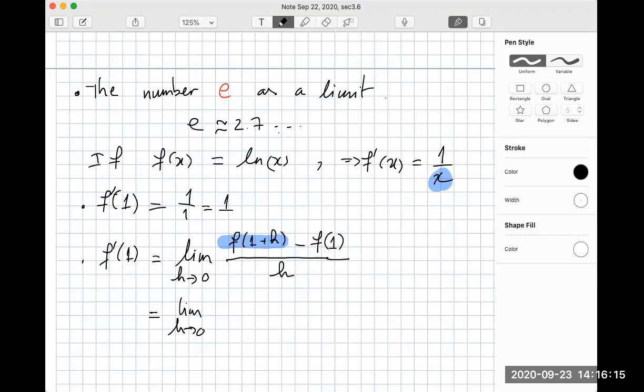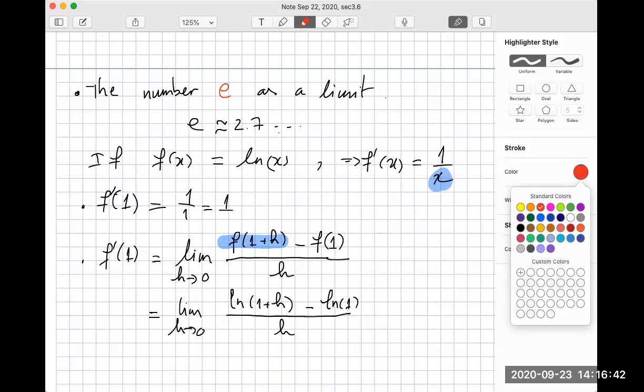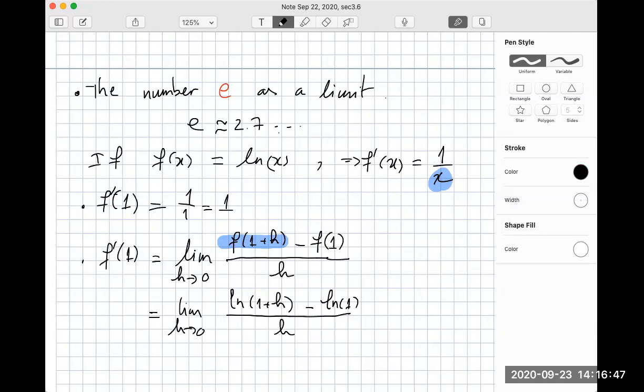You see that the input of the function now is 1 plus h, right? Yes, it is natural log of 1 plus h. And how about f at 1? And the denominator, we just rewrite it. So what is natural log of 1? Perfect. Natural log of 1 is 0.